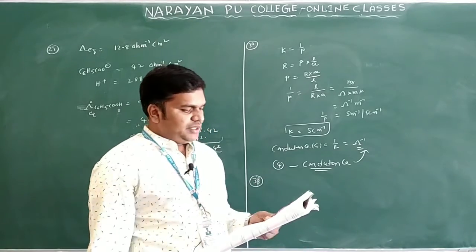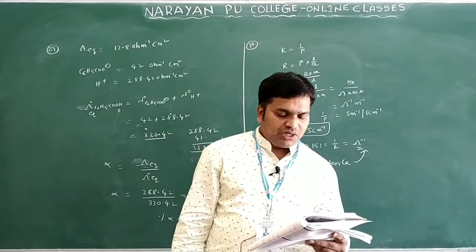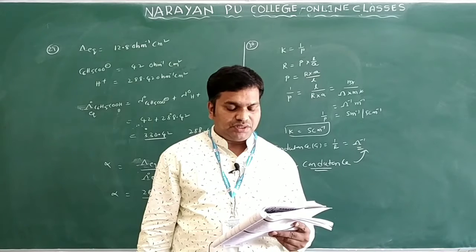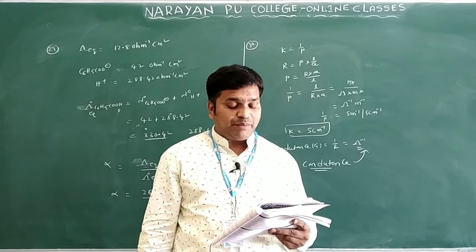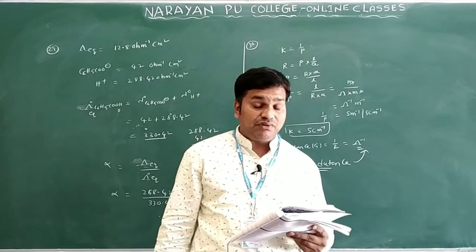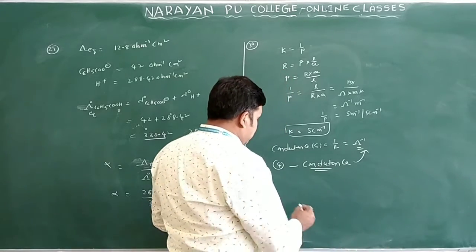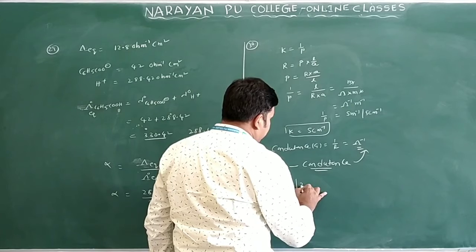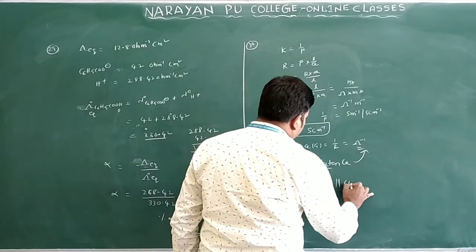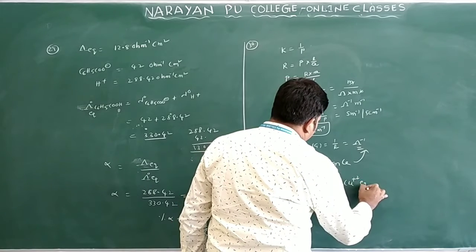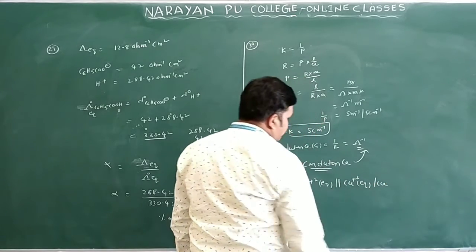Question number 33. The standard cell potential of Zn2+ | Zn and Cu2+ | Cu is 1.10. The maximum work done by this cell will be? I will write this cell representation, Zn2+ | Zn, salt bridge, Cu2+ | Cu.